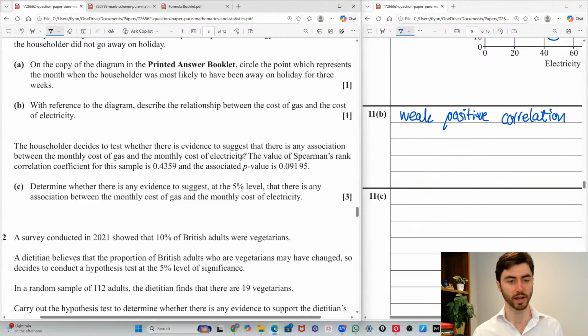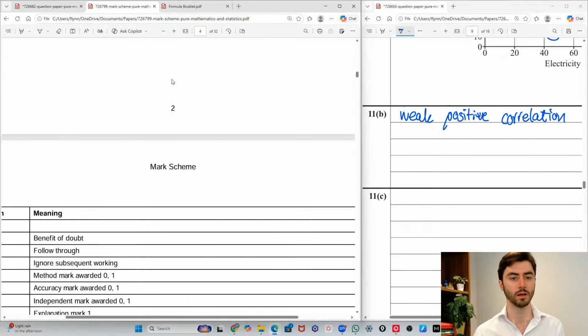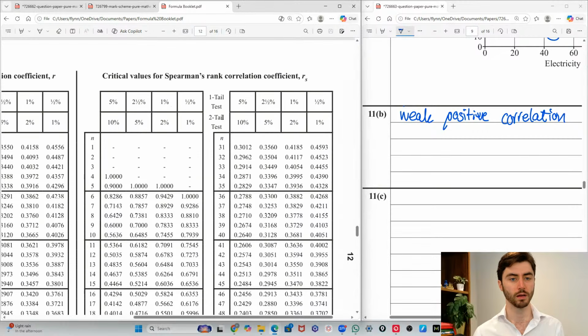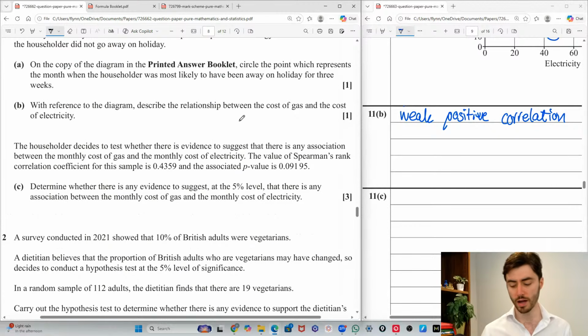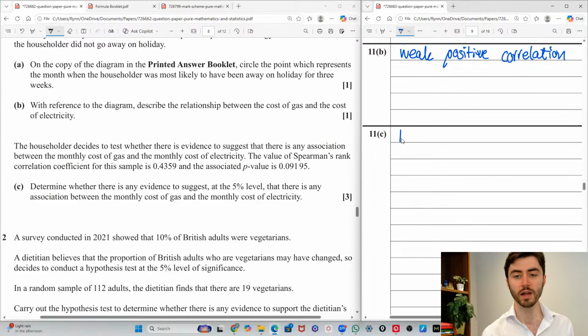They've done Spearman rank. 5% level that there is any association. Well, the alternative is that there's no. So let me write it out in full. The null hypothesis is that it is 0.